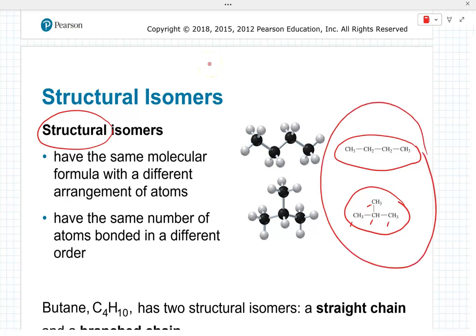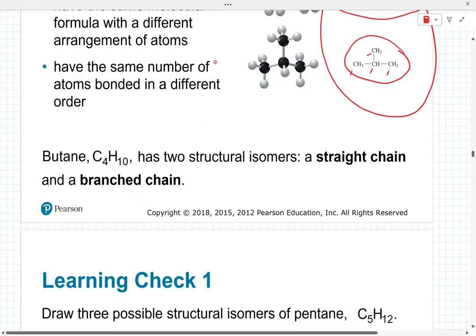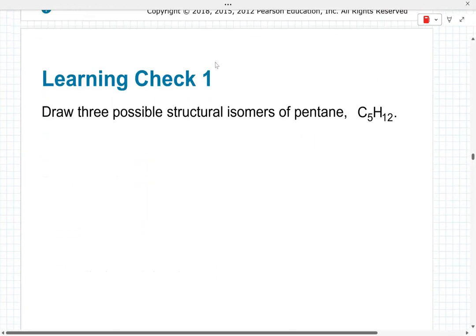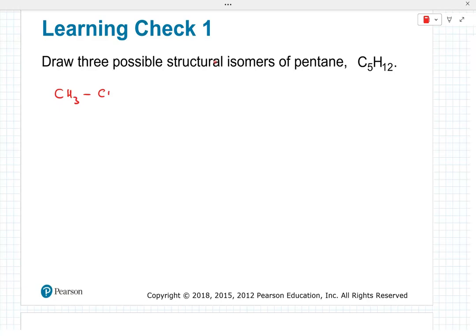These 2 molecules are isomers. Okay? So what we're going to try to do is draw 3 isomers of the molecule of pentane with 5 carbons. I'm going to do the condensed structural formula first.